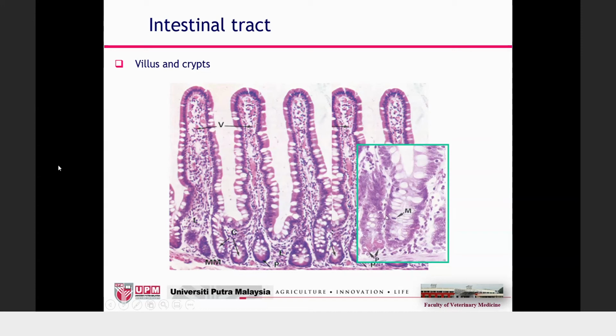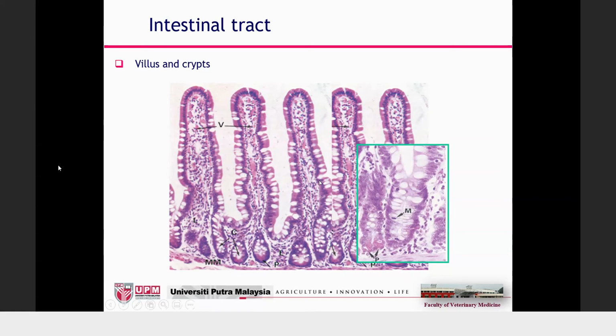Okay. So when you focus there, there's a crypt of Lieberkuhn. You can see there are mitotic figures, where the immature cells move from the crypt of Lieberkuhn towards the villus epithelial lining.